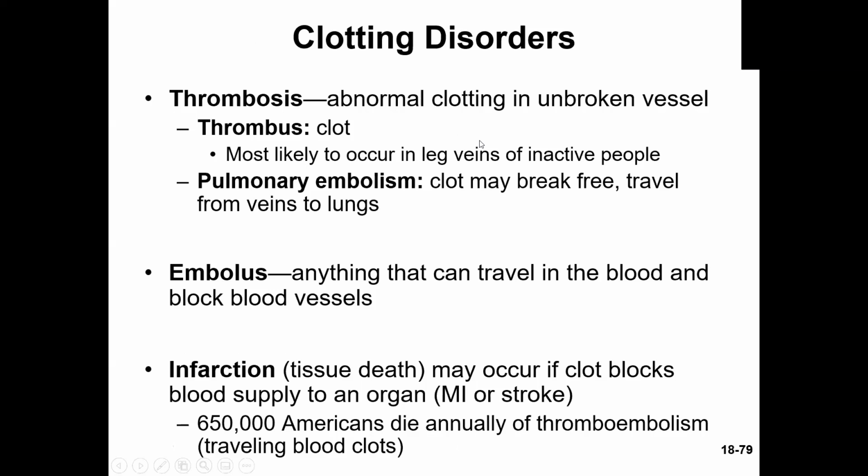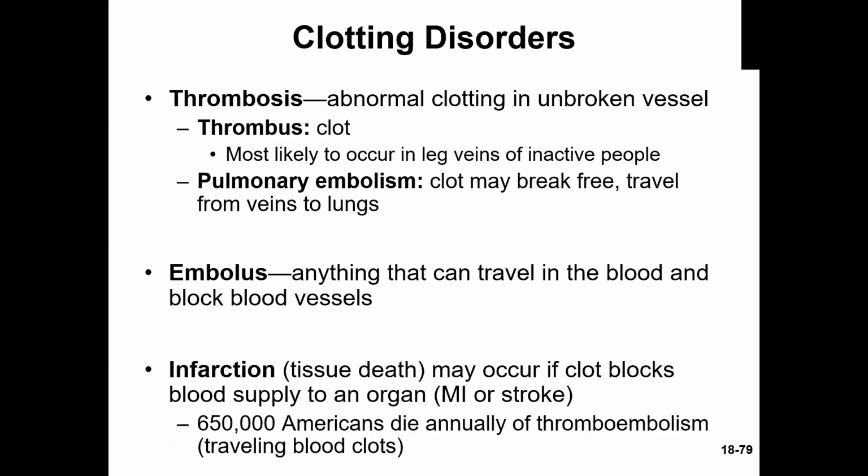Thrombosis, we hear this often, so let's do some language breakdown. This is abnormal clotting in an unbroken vessel. The thrombus is the actual clot, and it's most likely to occur in leg veins of inactive people. A pulmonary embolism is when a clot or thrombus breaks free and travels from veins into the lung.